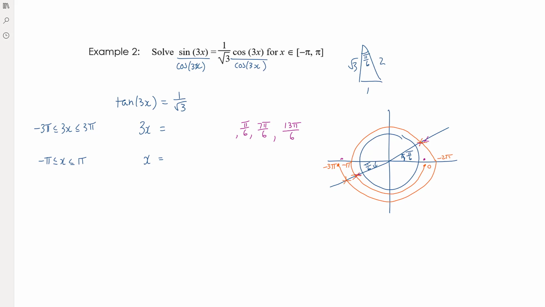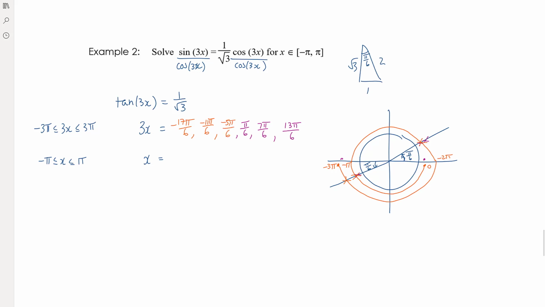Okay, so the most negative one is negative 3 pi plus pi on 6, so that's negative 17 pi on 6. The next one is negative 2 pi plus pi on 6, which is negative 11 pi on 6. And then the least negative one is negative pi plus pi on 6, that's negative 5 pi on 6.